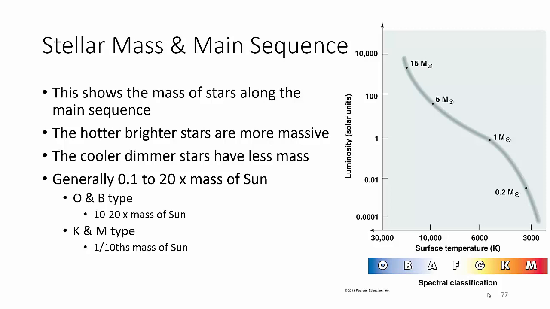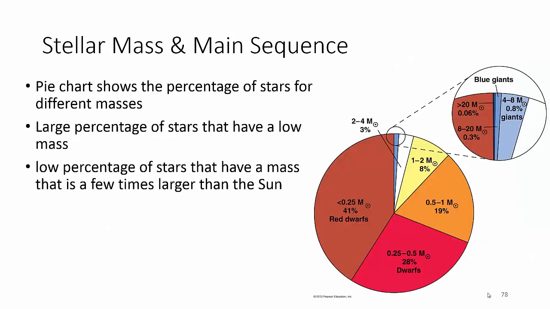If it's higher than the sun, it's going to be more massive. So hotter stars, more massive, cooler stars, less massive. All right, so here you can see basically red dwarfs and dwarfs in general are the biggest portion of the stars, and then the giants are the smaller portion of the stars.